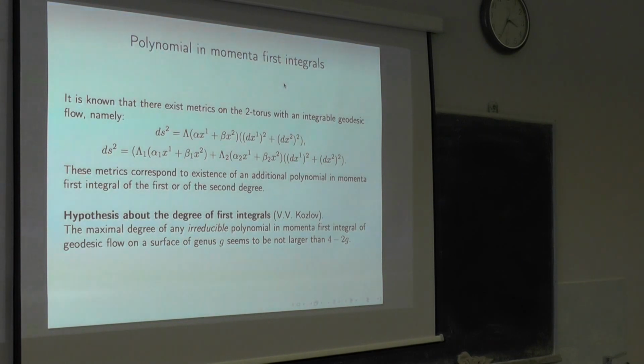We will restrict ourselves only to the case of the two-dimensional torus, and there are known metrics, for example this, the first one or the second one, and in these cases there exists either a linear or quadratic first integral in momenta. And the hypothesis by Kozlov of course states just the same in the case of geodesic flows.